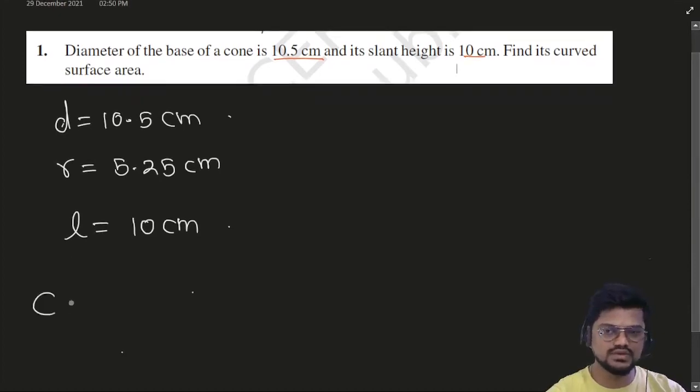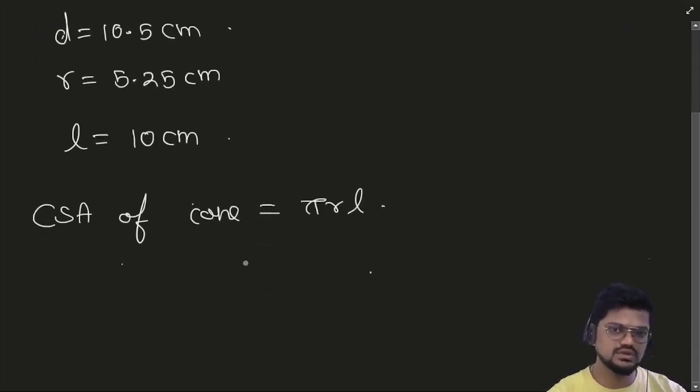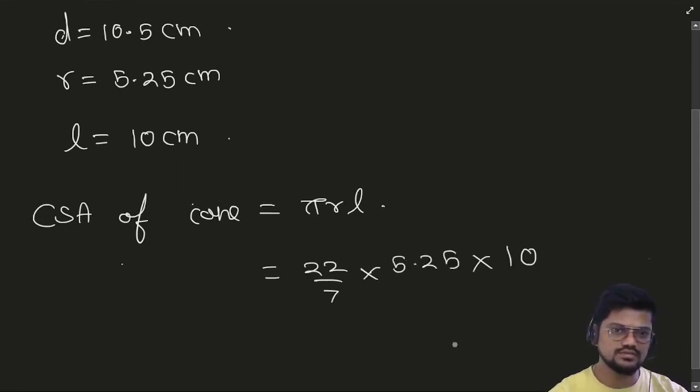We know that the curved surface area of cone is pi r L. You just write it down: 22 by 7 into radius, that is 5.25, into slant height, that is 10.